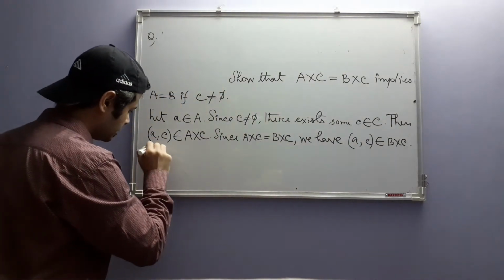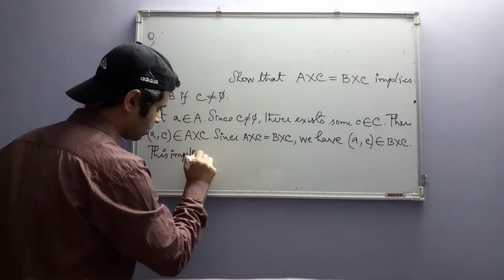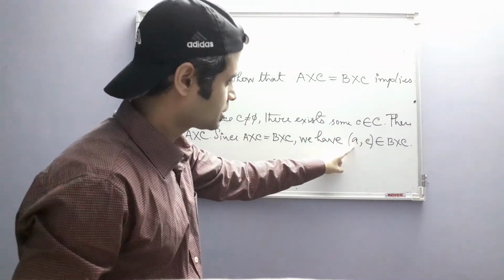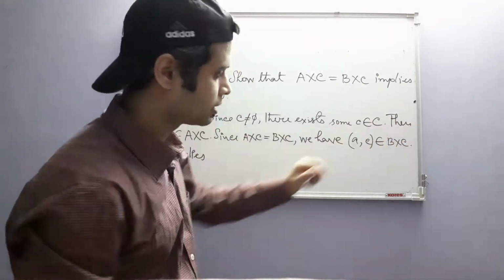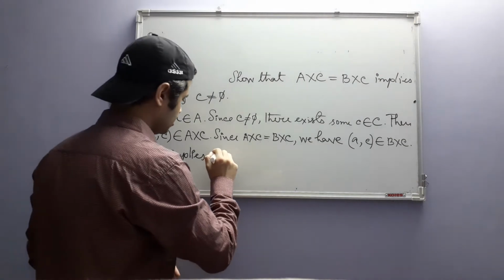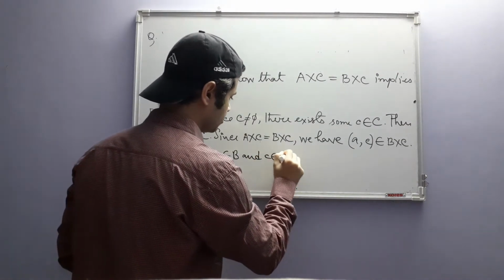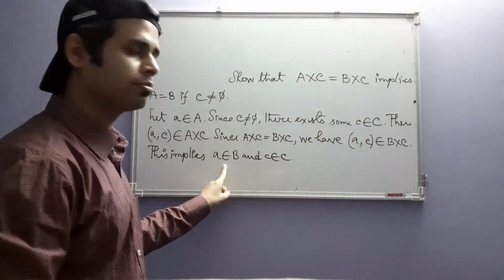This implies, now an ordered pair belonging to a Cartesian product means what? The first coordinate must belong to the first set, the second coordinate must belong to the second set. So this implies a belongs to B and c belongs to C. Now c belongs to C, we already know that, but this is new information.